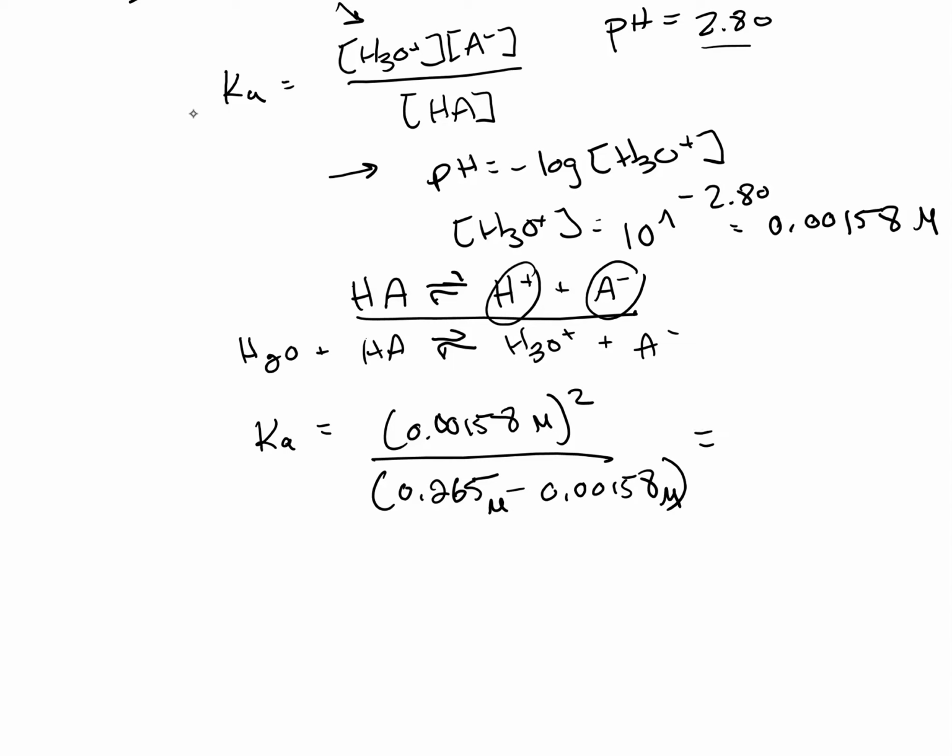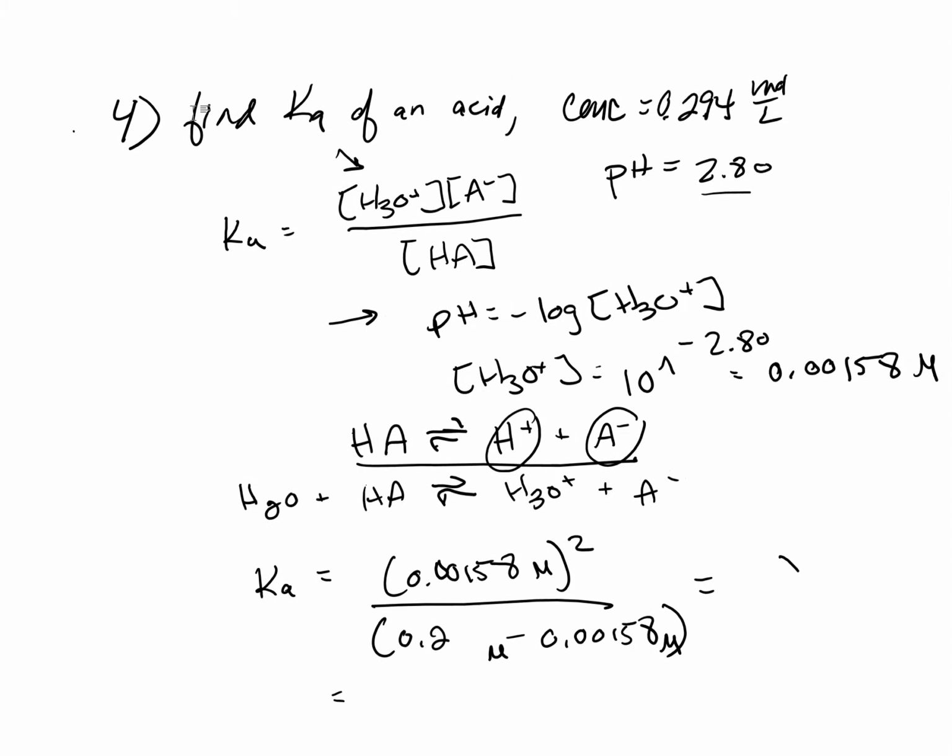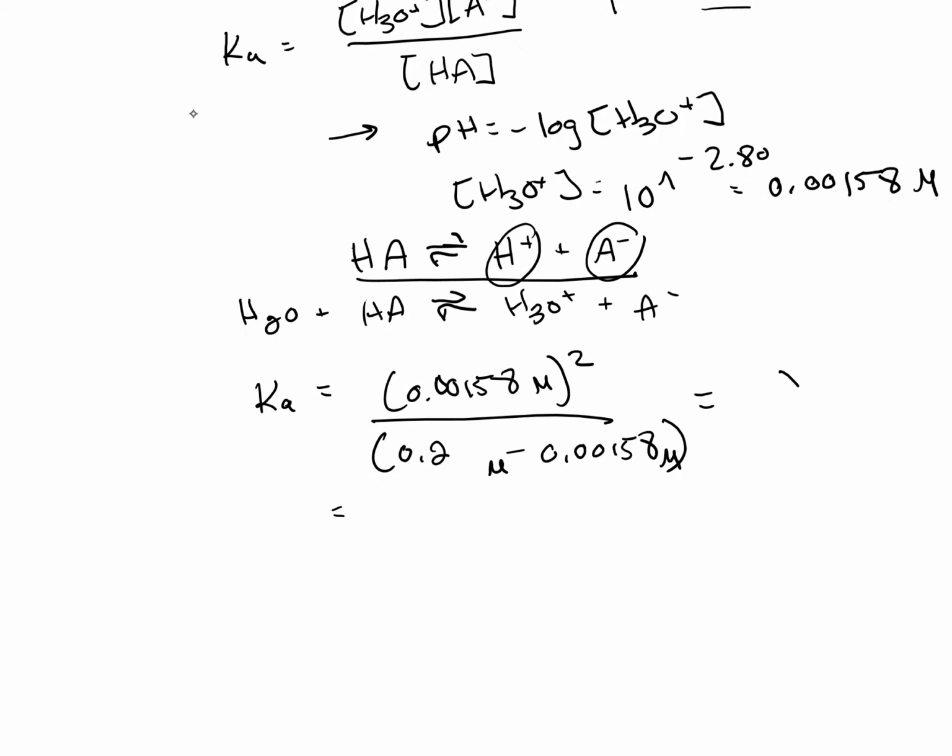And we can just finish this calculation. This is going to be a little bit long, I don't think I need to write it out, but just square the top and you'll get 0.000025, and then you divide that by, you know what, I'm sorry. I grabbed the wrong number here. That doesn't make any sense at all. Let me scroll up. 0.294.